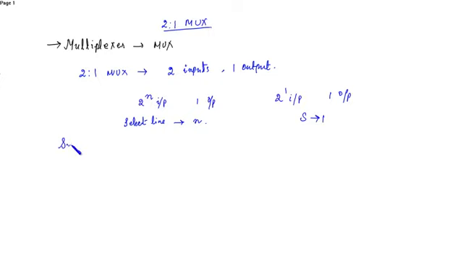So what's the symbol or the structure of a 2:1 mux?